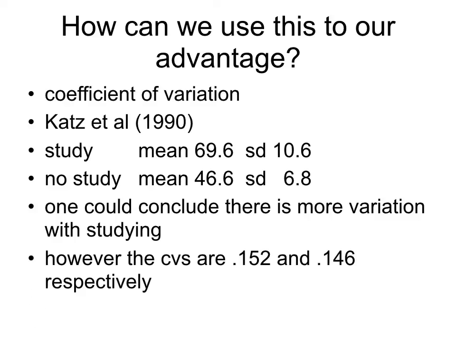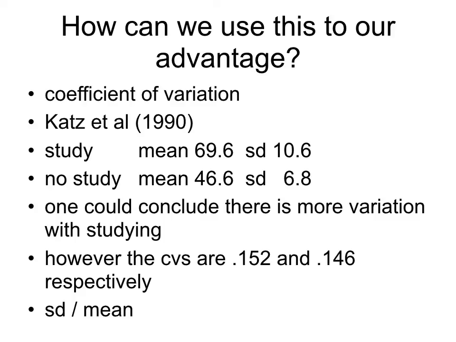Well, we have something called the coefficient of variation, the CV. What you do there is you take the standard deviation and divide by the mean. When you do that, because the standard deviation is a function of the mean, the bigger the mean, the bigger the standard deviation, right? Looking back at the formula. So why don't we standardize it?